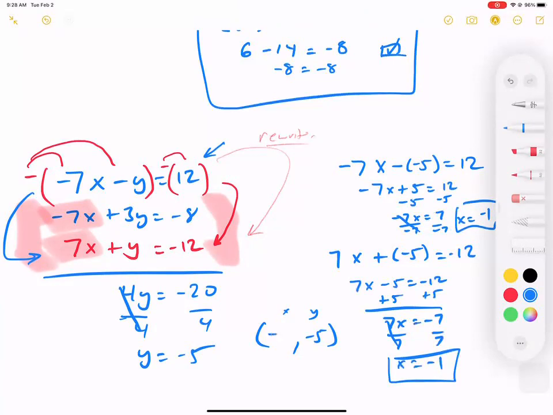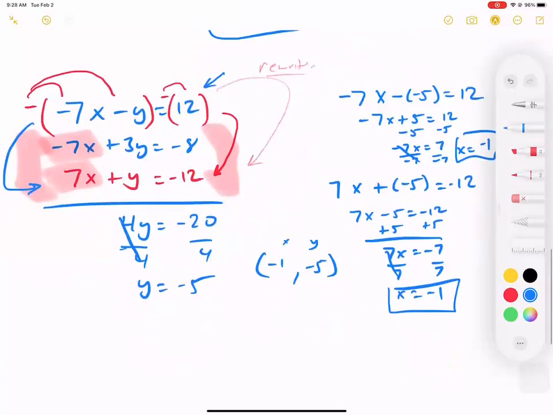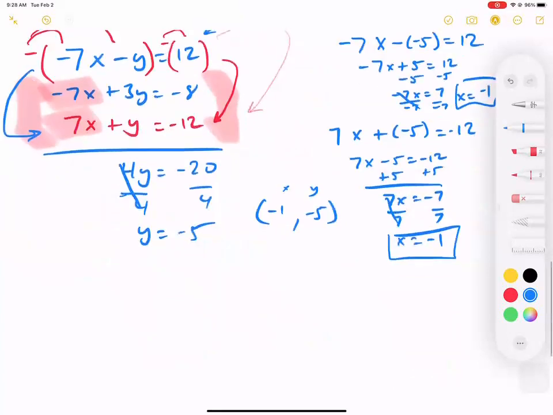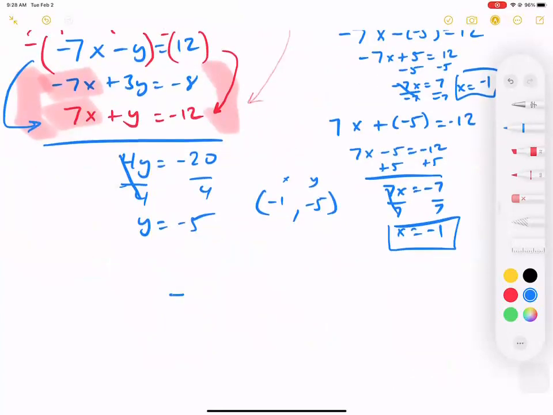Now, I want to double check to make sure this is right, because you know what? I'm always afraid of IXL marking me wrong when I was so close to a 90. 7x plus 3y equals negative 8. I'm going to plug in our x and our y. So 7 times negative 1 plus 3 times negative 5 equals negative 8.